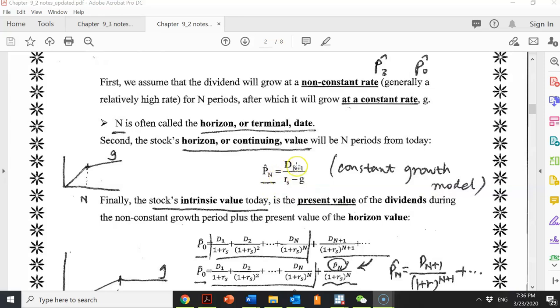It is Dn plus 1, the dividend given next period, divided by R minus G. G is the growth rate in the second stage, and it is constant forever from date n.